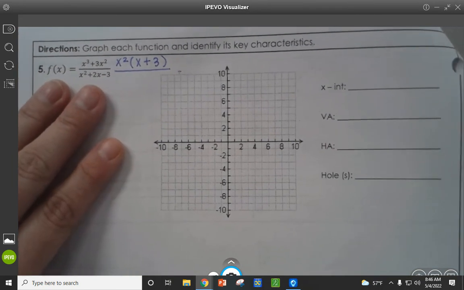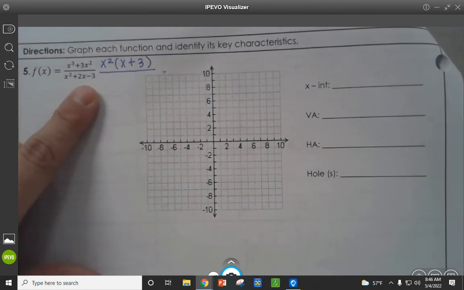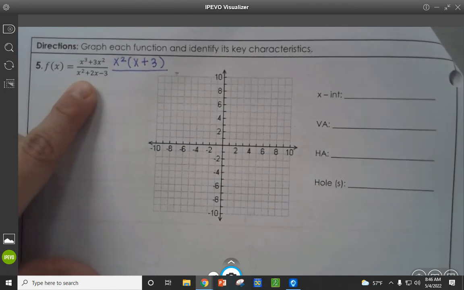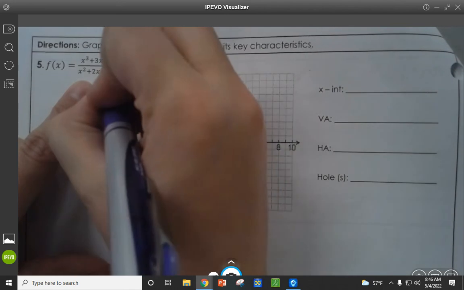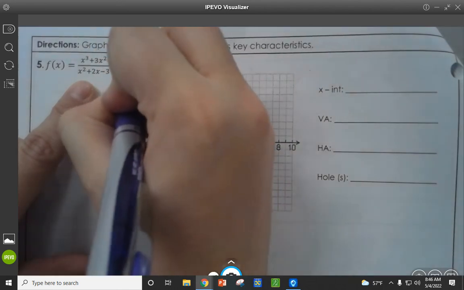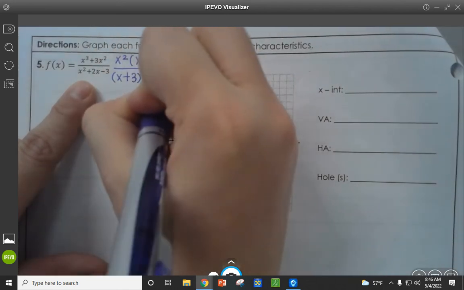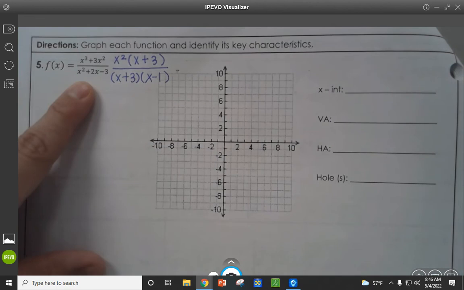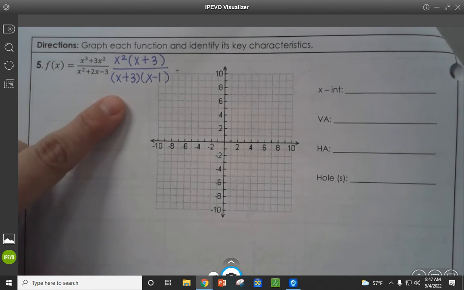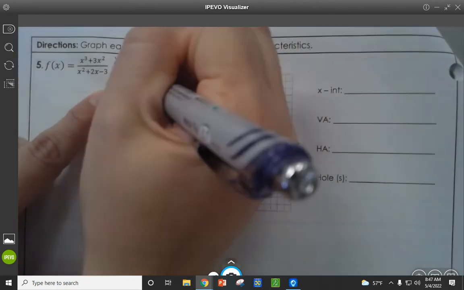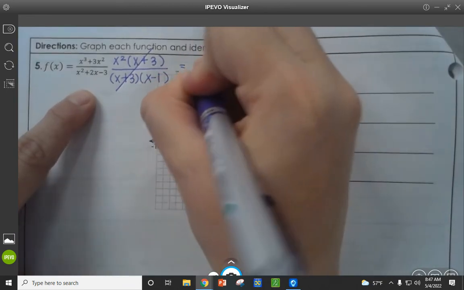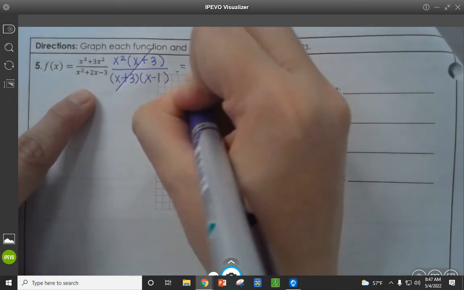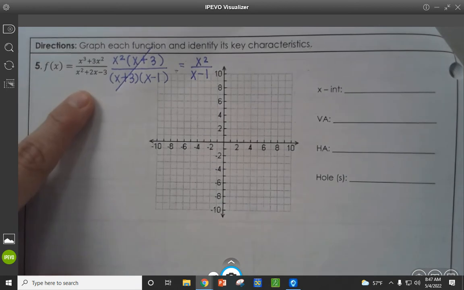And then in the denominator, we need two numbers that multiply to be -3 and add to be 2. 3 and -1. So x plus 3, x minus 1. And then these will cancel out, leaving us with x squared over x minus 1.